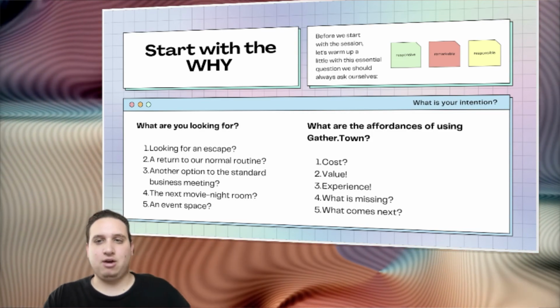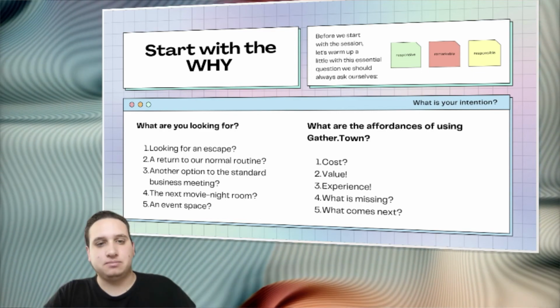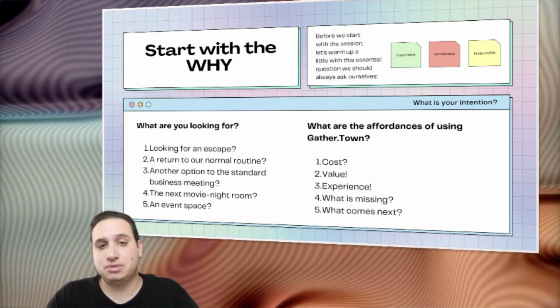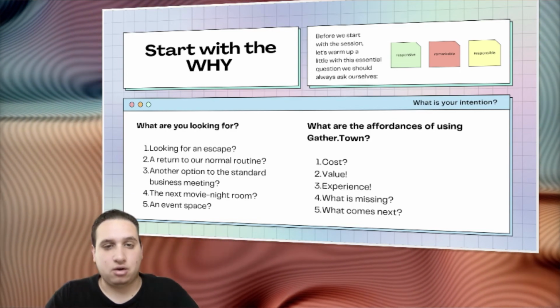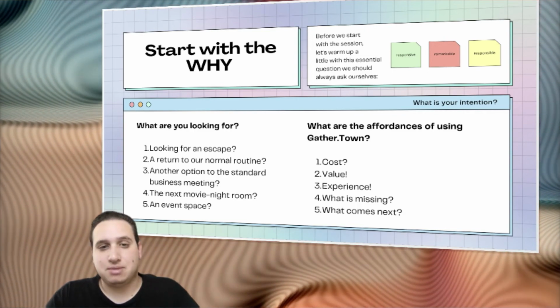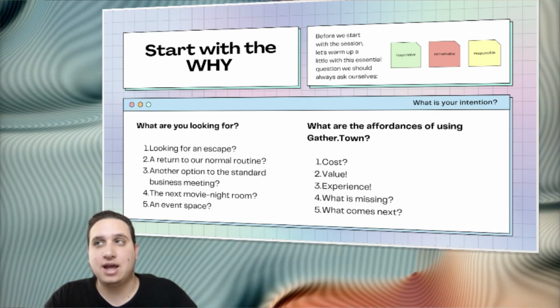So at the end of the day, we are creating an event space for any occasion. Again, the affordances, it's free. It's fairly cheap too. It's fairly affordable if we were to pay our way through or pay for individual users. The value is immense. You can still embed Zoom calls, by the way. We'll talk about that.